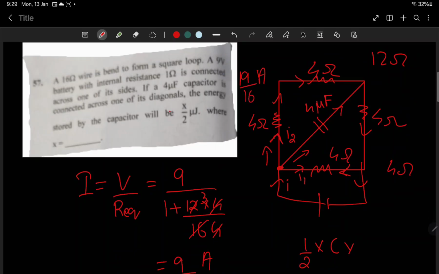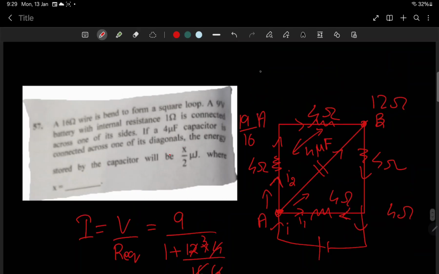Perfect. Now this is the point A, this is the point B. First of all, we should find the voltage difference between these 2 points, because we can use the formula U equal to half C V square. So to find the potential difference between A and B, we can use Kirchhoff's rule. What is Kirchhoff's rule telling? Use the voltage law.